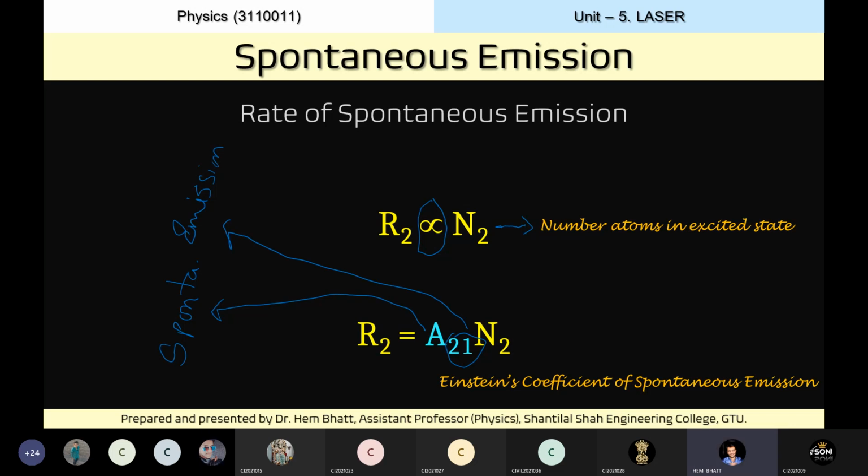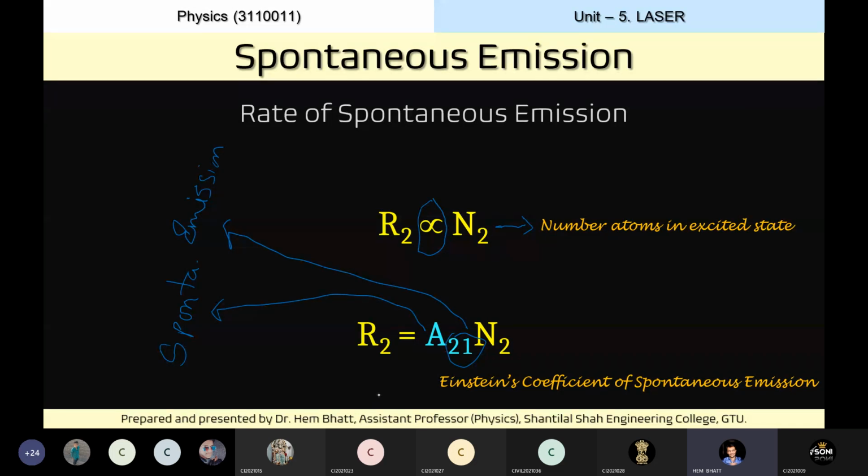Done. Very good. Next. Guess, what would come now? Which process was the next one? Stimulated emission. So we will have one more equation, for stimulated emission.